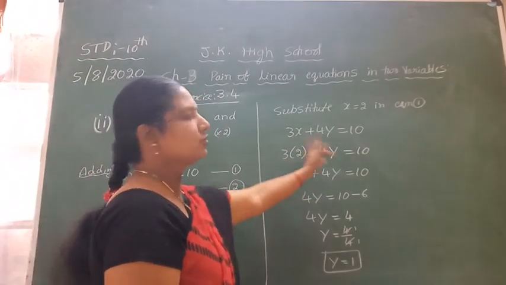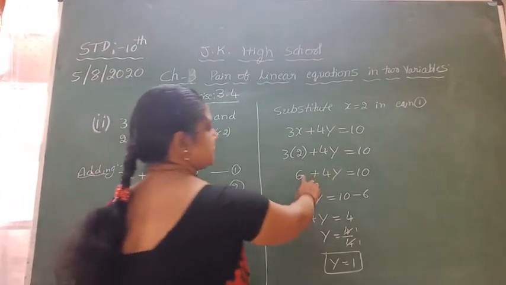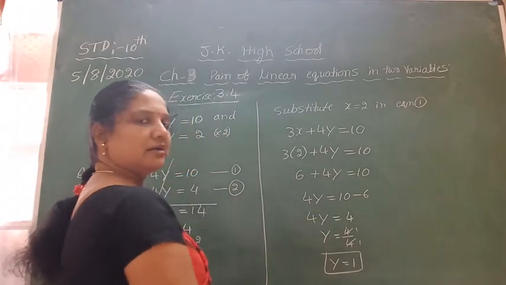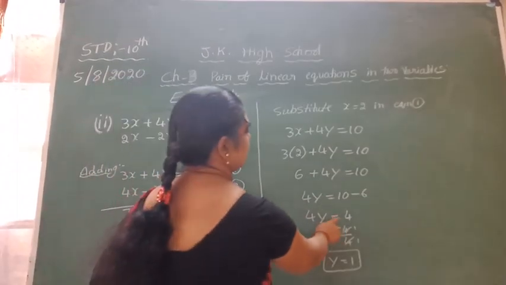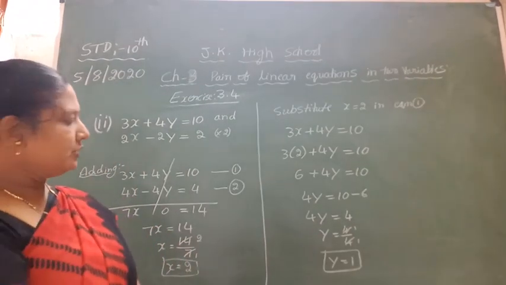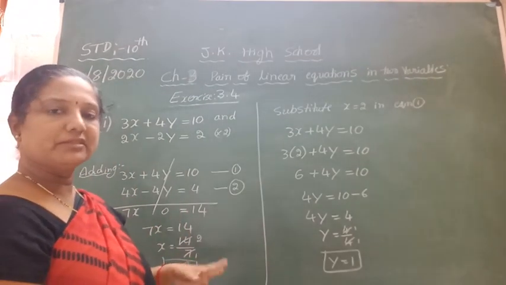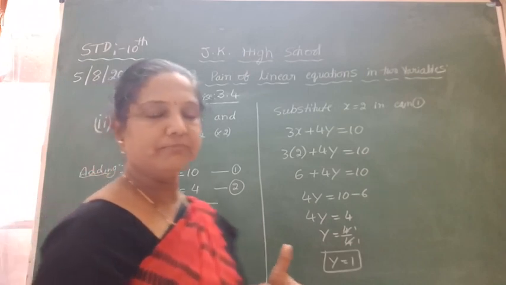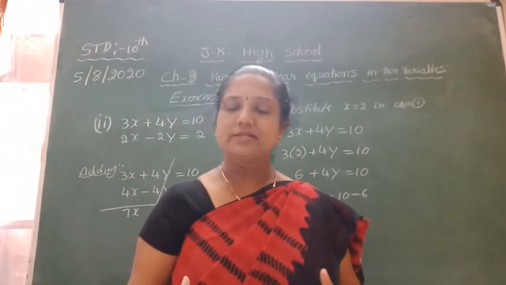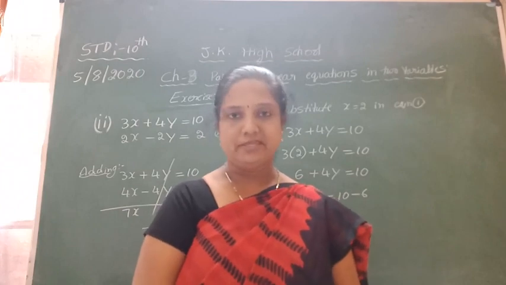Then 4y is equal to 10 minus 6, you take it to that side. When it goes from one side of the equal sign to the other side, the sign changes. So then 4y is equal to 4, y value I got it. Y value is 1. So by the elimination method, by removing one of the variables, we can find out the values of the two variables. So this method is called the elimination method.